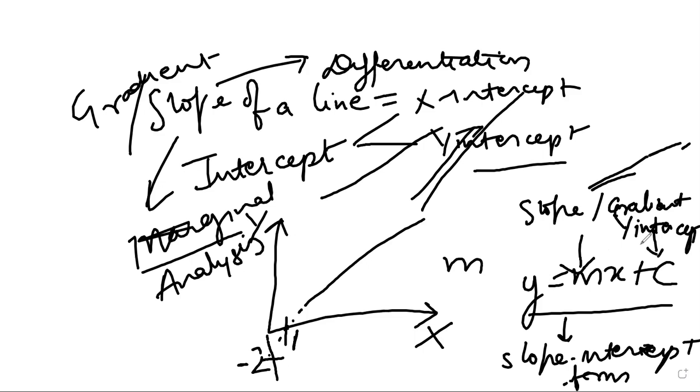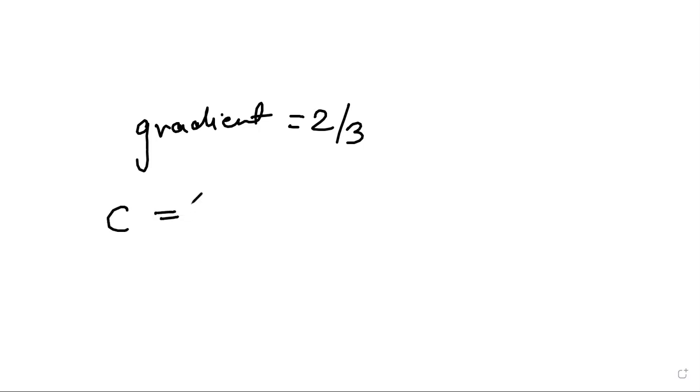Now let us do a question on this before we finally wind up the lecture. Suppose there is a question which says the gradient is given to you and the gradient is 2 upon 3, and c, that is the y-intercept, is also given to you as minus 4.